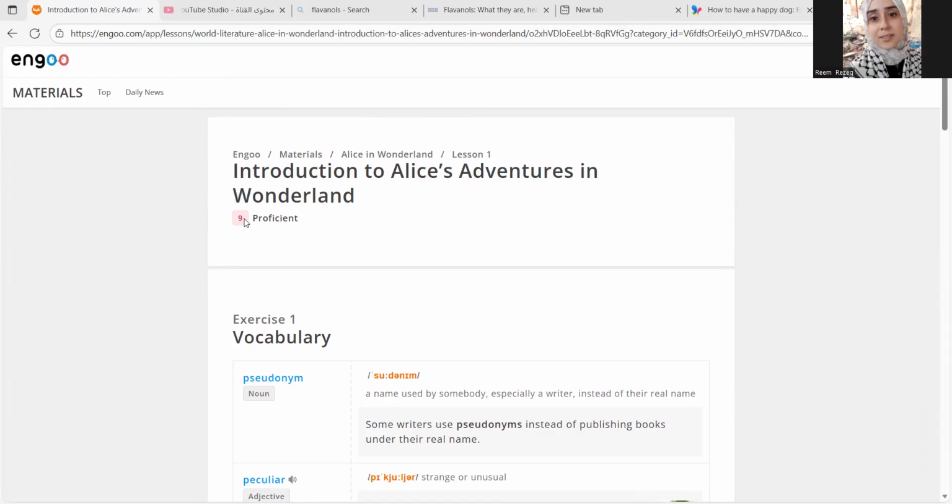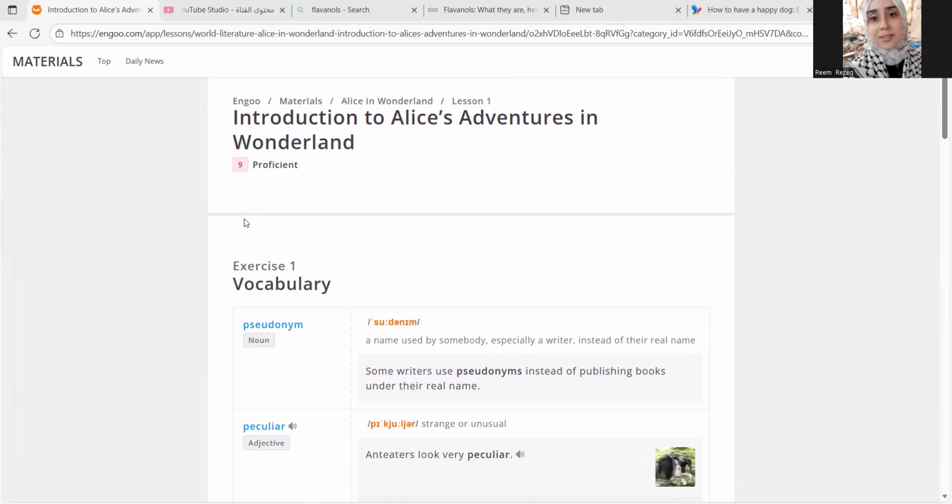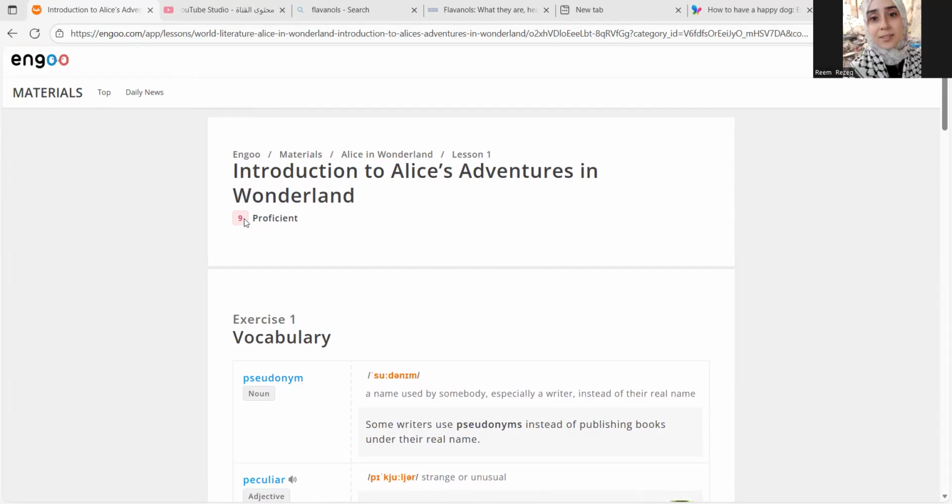It will be a practical session, just like we started with how we're going to translate. We're focusing on some vocabulary words, but at the same time we're going to read an article and focus on these words.